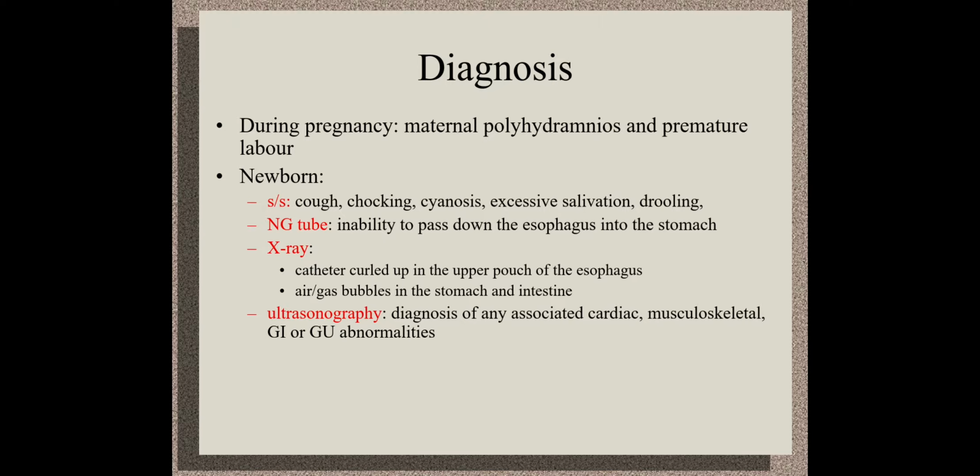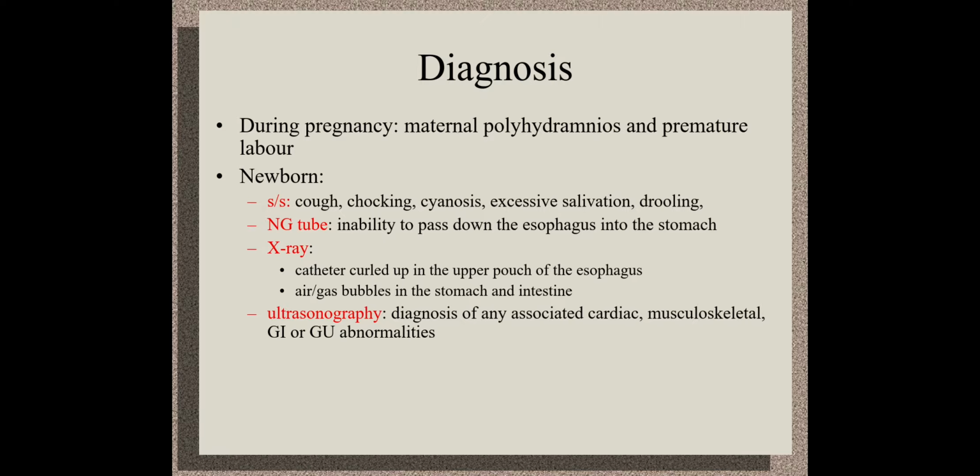Diagnosis. During pregnancy, maternal polyhydramnios, and premature labor. For the newborn, signs and symptoms: cough, choking, cyanosis, excessive salivation, drooling of saliva. When you insert a nasogastric tube, it cannot pass down to the stomach.